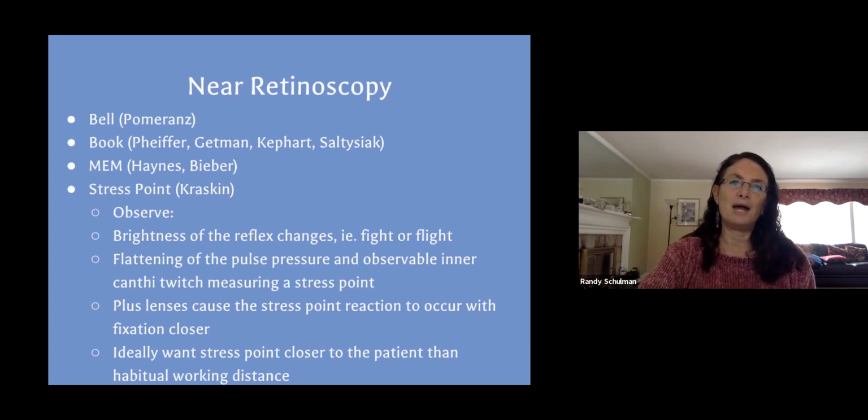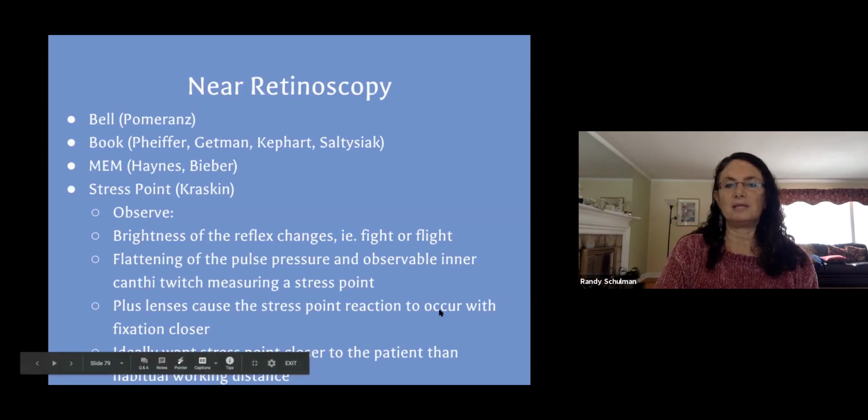You want to prescribe the plus lens, typically, that gives you the brightest and most engaged retinoscopic reflex at near that's within a normal range. So you want them to fixate as far away as possible, clearly and comfortably, with a plus lens.